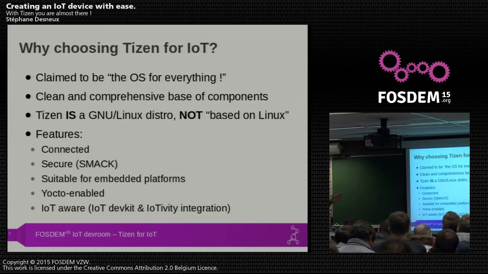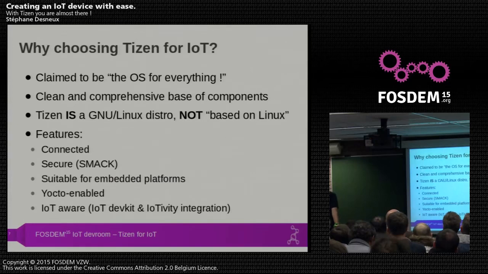It's clean, quite comprehensive. And one point which is important for me is that Tizen is a real Linux distro. It's not just based on Linux, as you may know some operating systems that are. Tizen is a real GNU Linux distro. It's very important because you can take some piece of software coming from anywhere and you just recompile and run that.